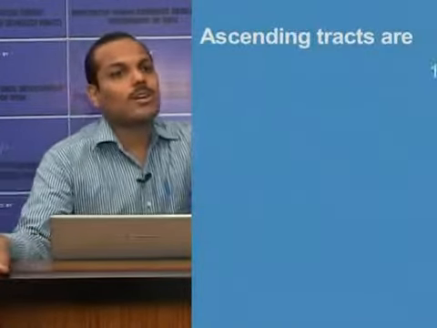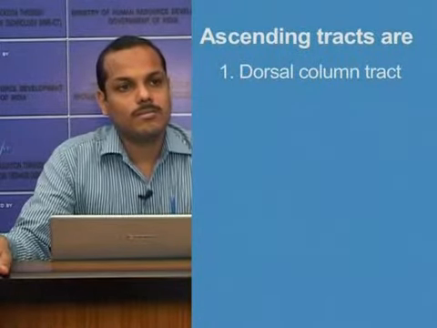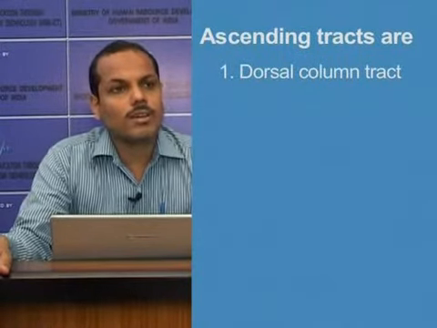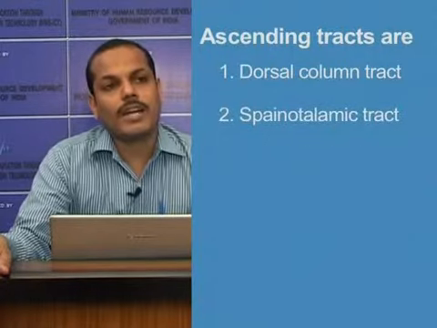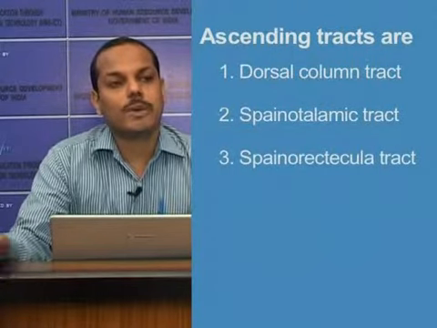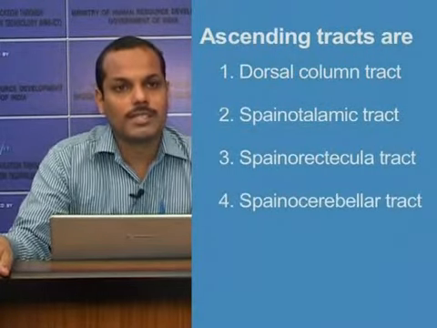Now, which are the ascending tracts? These are the dorsal column tract, spinothalamic tract, spinoreticular tract, and spinocerebellar tracts.